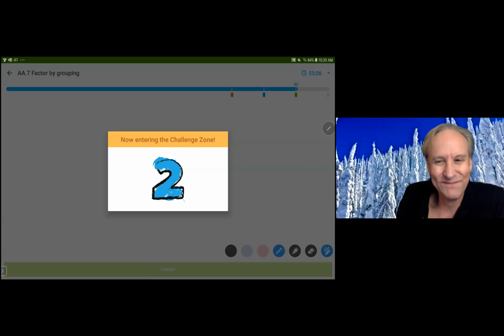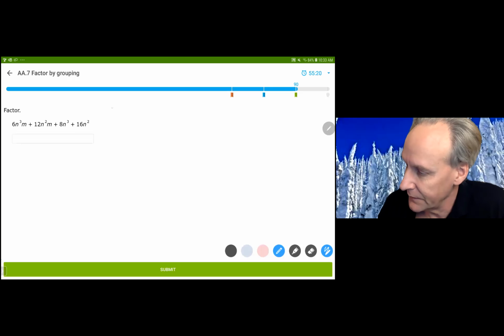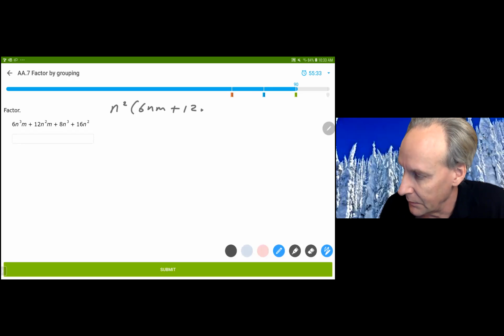All righty then. Looks like my m's are in the beginning, so we can take those out. We have an n squared through the entire polynomial, so let's take out the n squared. That's going to leave us with 6nm plus 12m plus... I should have taken a 2n squared, shouldn't I?